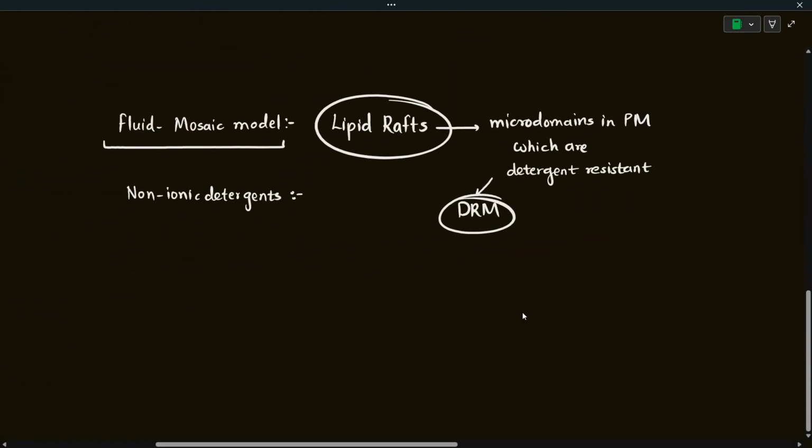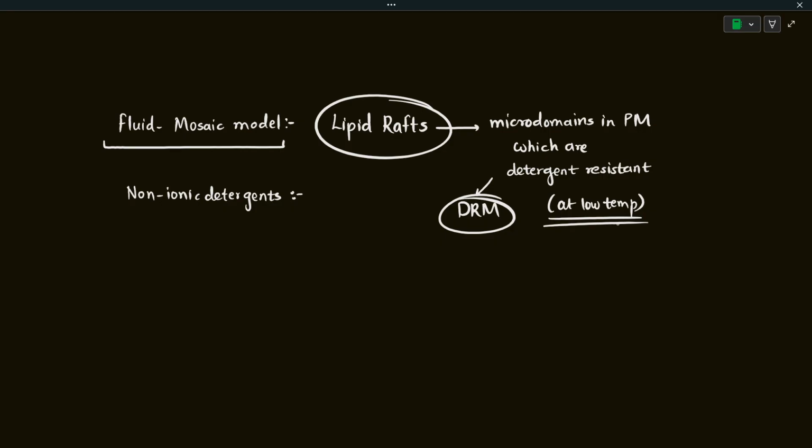So basically, in short, the microdomains present in the plasma membrane which are detergent resistant, meaning the membrane lipids and proteins do not get solubilized in non-ionic detergent at low temperature, are referred to as lipid rafts. At high temperature they can get solubilized, but this experiment is done at low temperature.